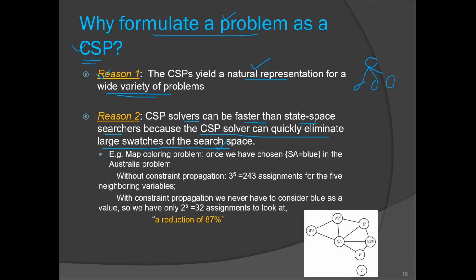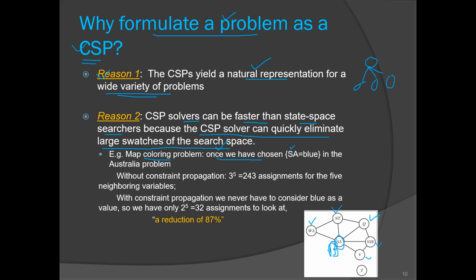Take an example. Consider the map coloring problem. Once we have chosen South Australia, and it is assigned blue color, if we propagate this constraint to the other states, they cannot have blue color.